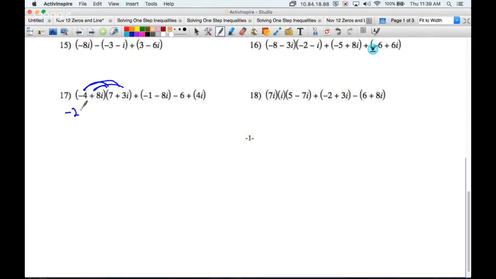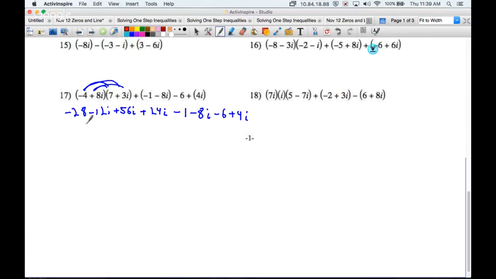We get minus 28, minus 12i, plus 56i, plus 24i squared. Here I'm going to drop some parentheses: minus 1, minus 8i, minus 6, plus 4i.